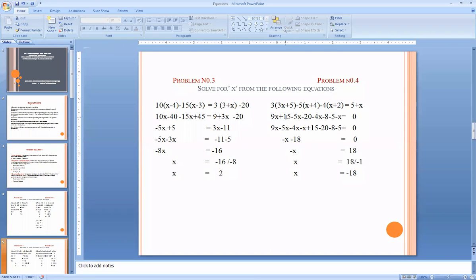And how many numbers? See, plus 15 is there, minus 20 is there, and minus 8 and minus 5 equals 0. When you have no number, you should write simply it is equal to 0. And 9x minus 5x will become 4x, 4x minus 4x will become 0.